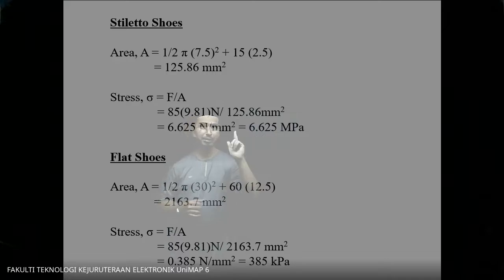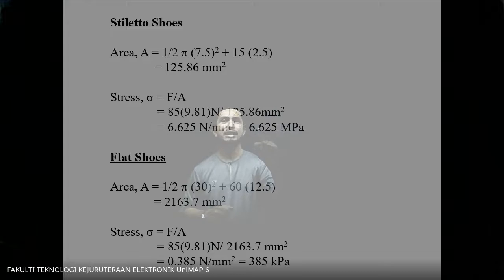Saya ulang, I repeat again, Newton per meter square equals to Pascal. Basically, when we deal with stress, the unit is Newton per meter square, or sometimes we use Pascal. Okay, why do we have megapascal over here?